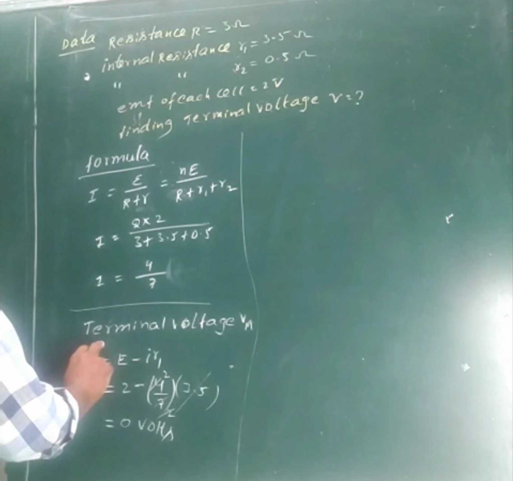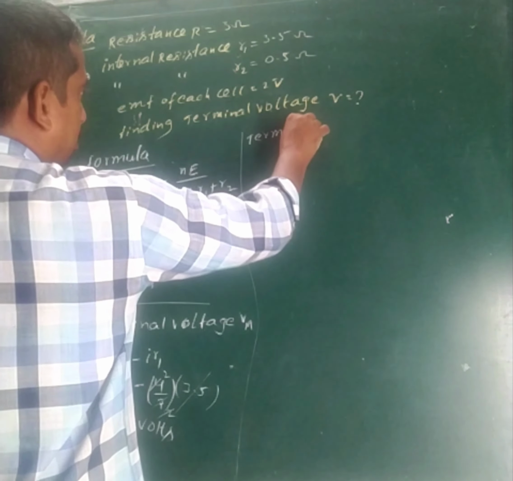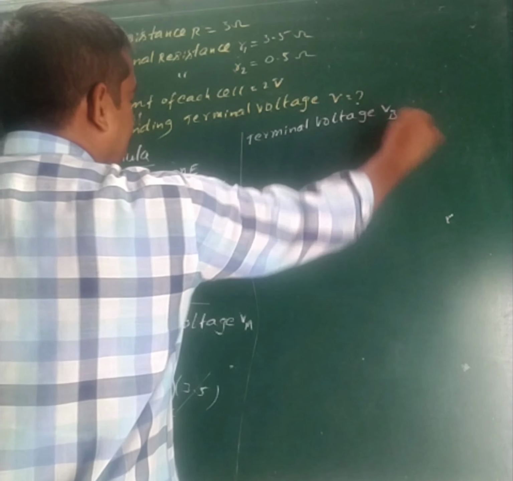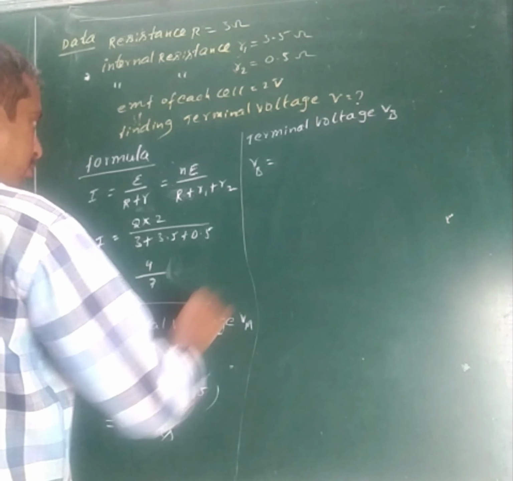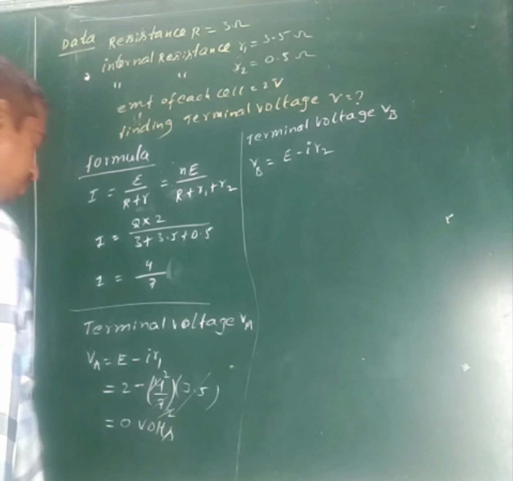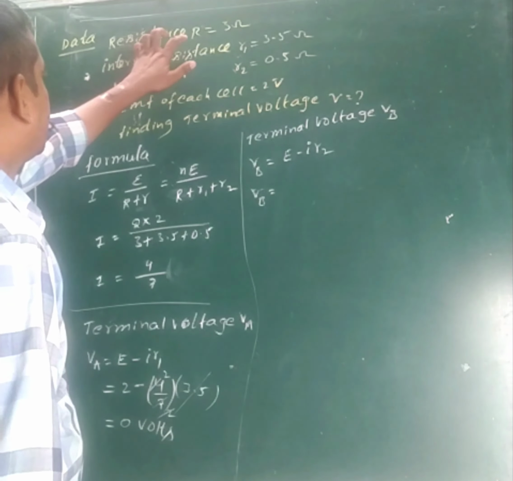Similarly, terminal voltage across VB. This is also a discharging case. VB is equal to E minus I r2.